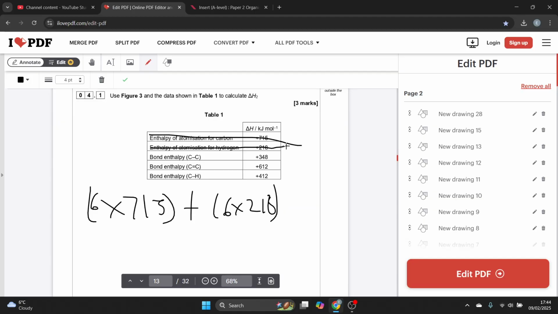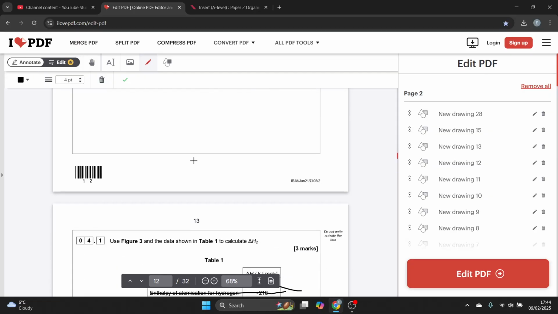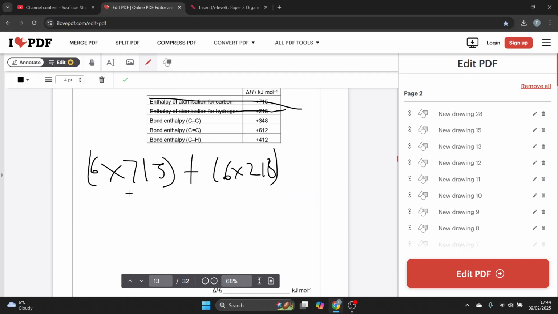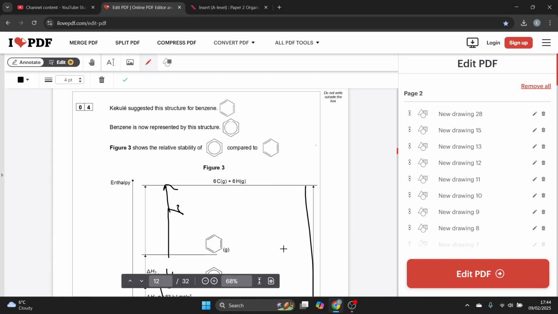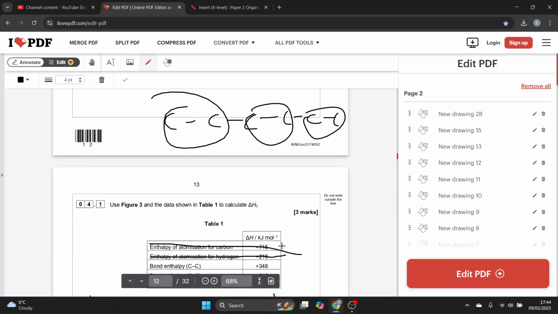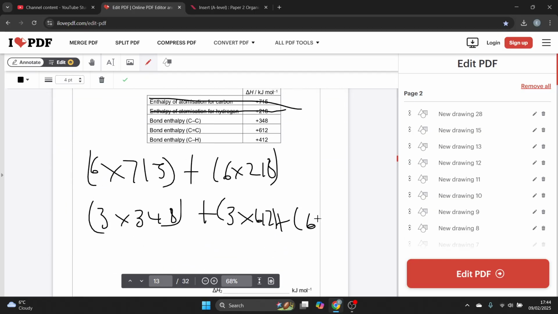Enthalpy of atomization for hydrogen, that's easy. Bond enthalpy for carbon, well, I've got 6 carbons, but I've only got 3 of these because look, 1, 2, 3, 4, 5, 6. That's 1, that's 2, that's 3. So it's going to be 3 times 348 plus 3 times 612 plus the CH's, plus 6 times 412.